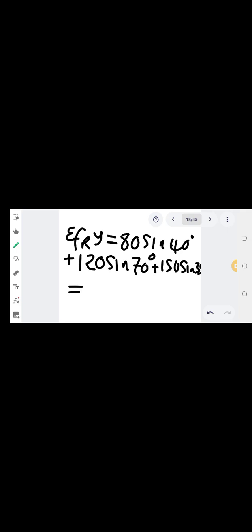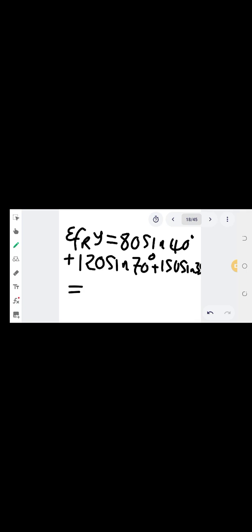So we can add to come up with a single value. So we get 80 sine 40 plus 120 sine 70 plus 150 sine 35.